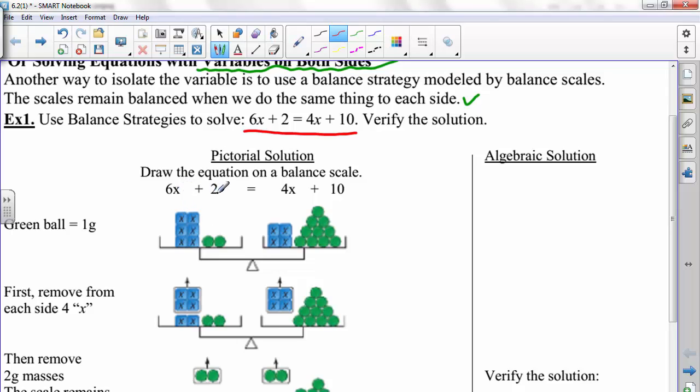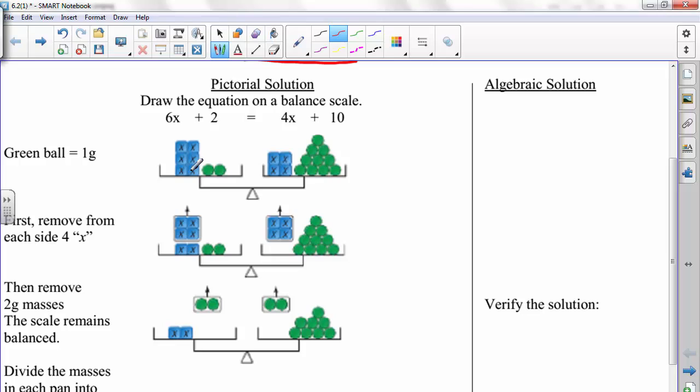So 6x plus 2 means I have 6 blue boxes and 2 green balls on the left side. The right side is 4x plus 10. That means I have 4 blue x boxes and 10 green balls representing 10.